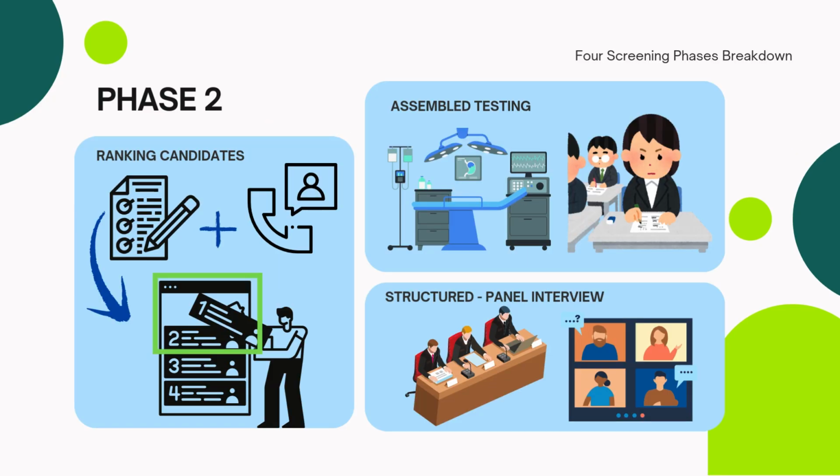Now moving on into phase 2 of the screening phase. Once recruitment services weed through all of the candidates in the pre-screening, they create a bid list of the remaining applicants that were narrowed down from the overall pool.